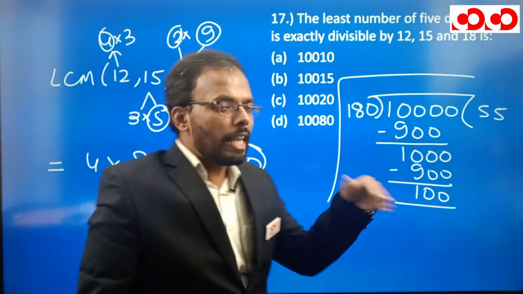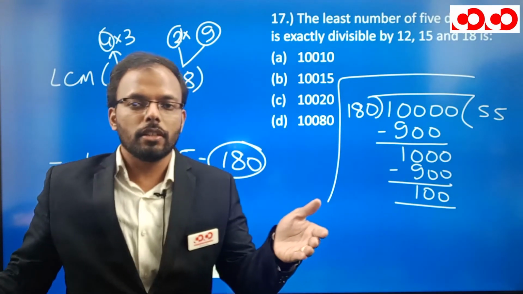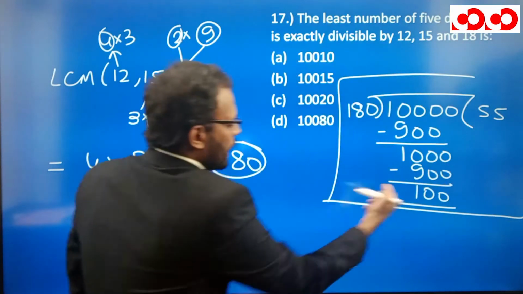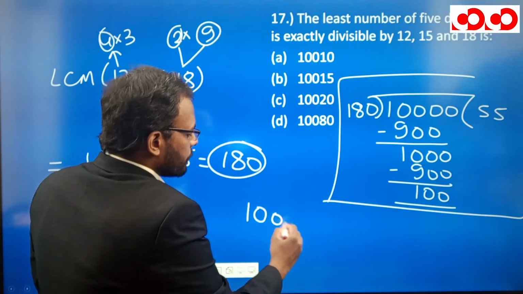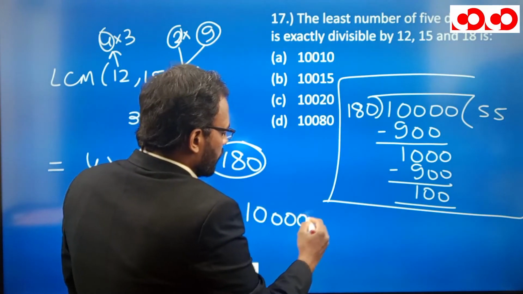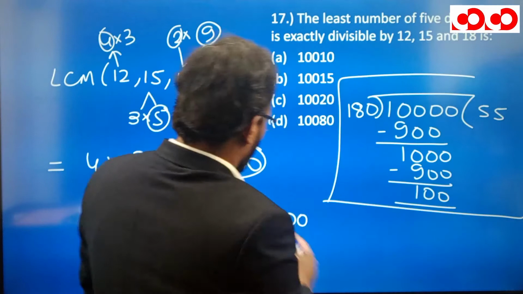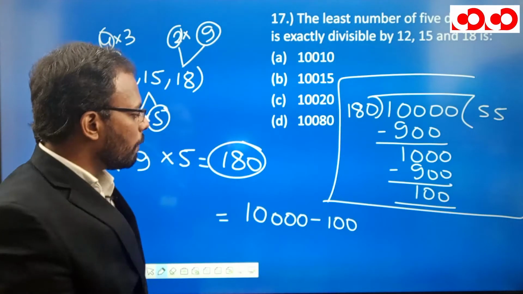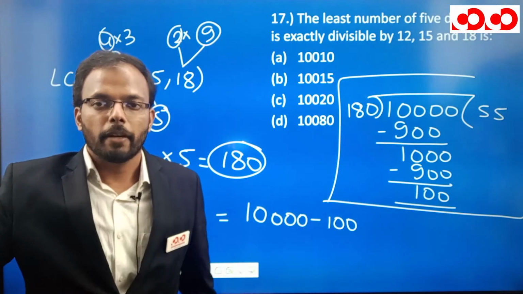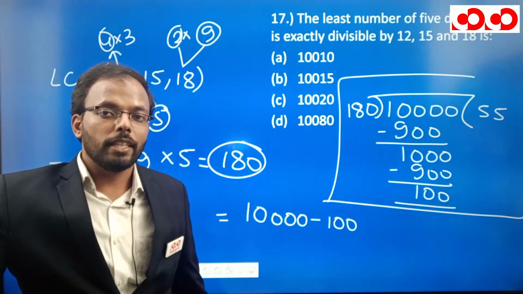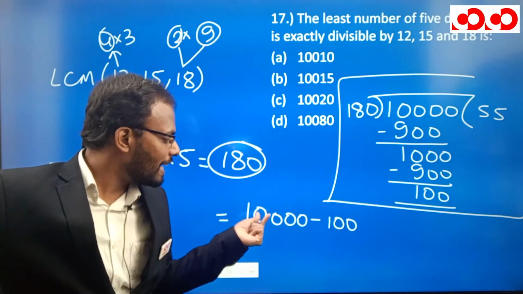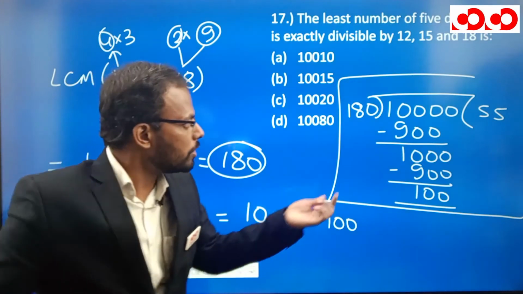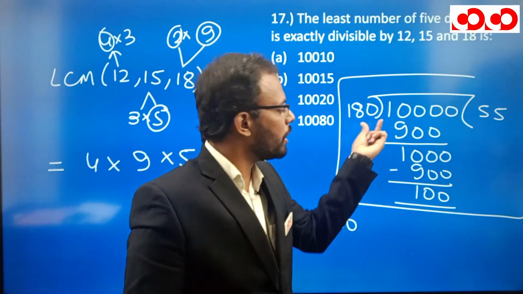See, if it was the largest 5-digit number, then what we need to do is, this number we are getting 100 extra, so 10,000 minus 100 will be a number which is divisible by 180, right? If it was the largest 5-digit number, our solution would be 99999 minus the remainder, because this is extra when you are dividing it by 180.